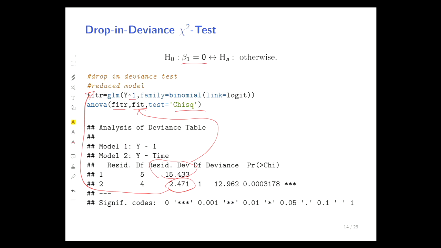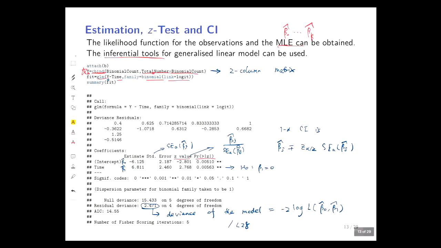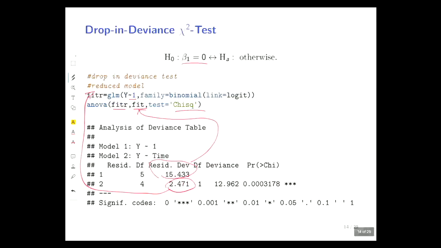If you compare these two figures to the two figures here, you will find that the first one is the residual deviance, and the second one is the null deviance.